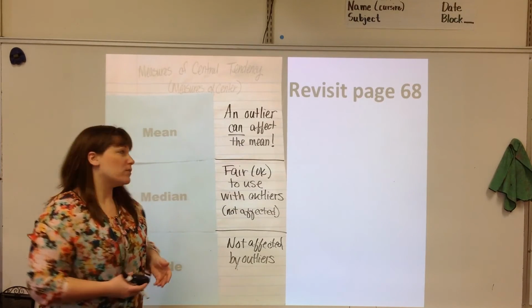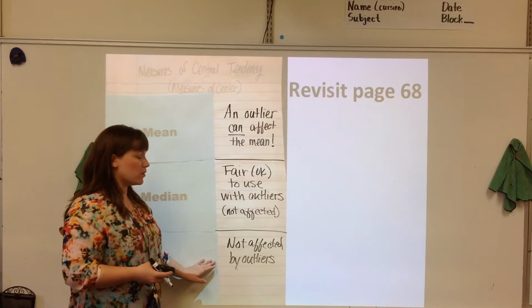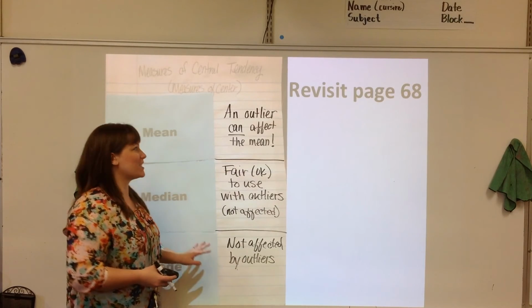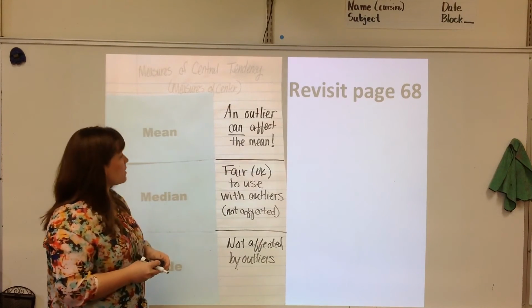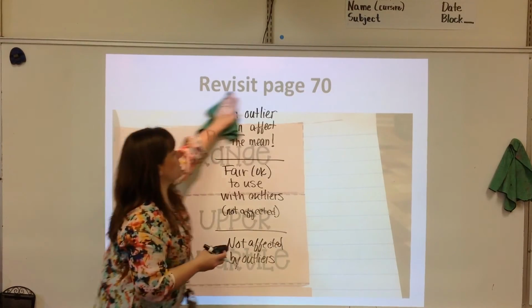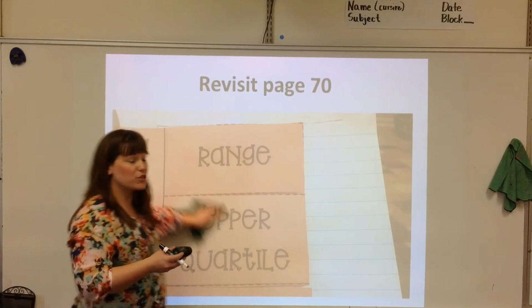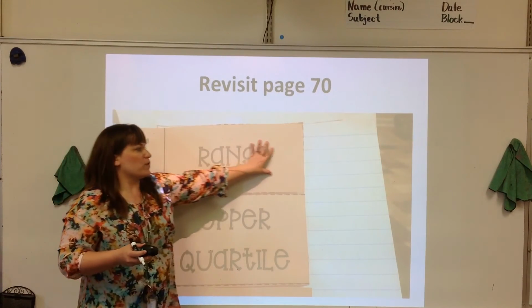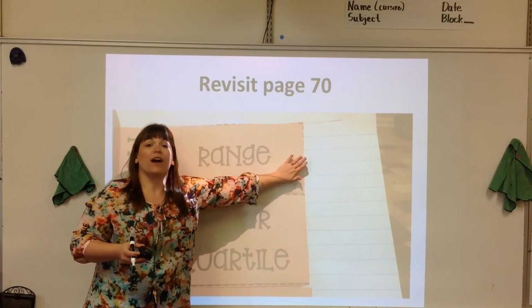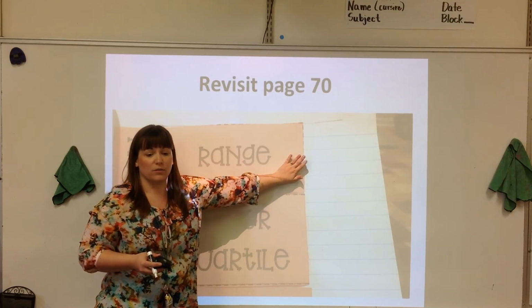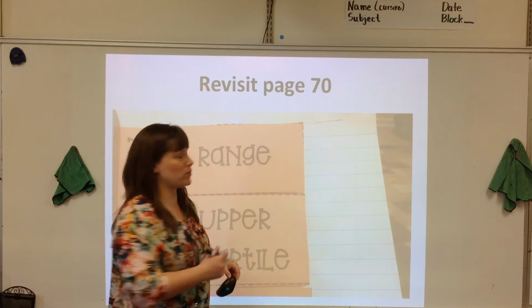The last thing I want you to do, after you write those little notes on the side of page 68, is to flip to this page. It's page 70 in my notebook. It's the one that's orange that talked about range. And hopefully you have a little bit of space next to the range. Outliers do affect range, so we're going to write that as well.